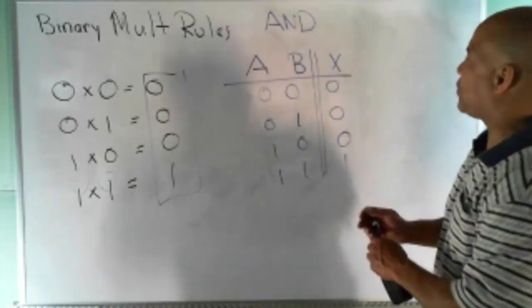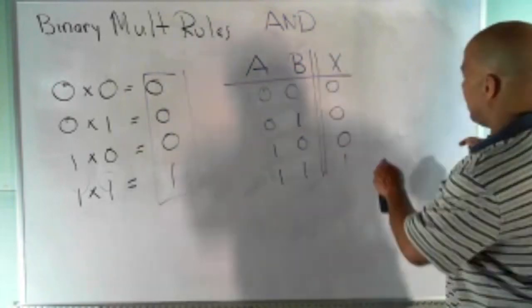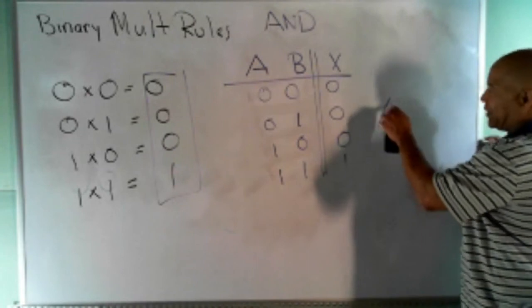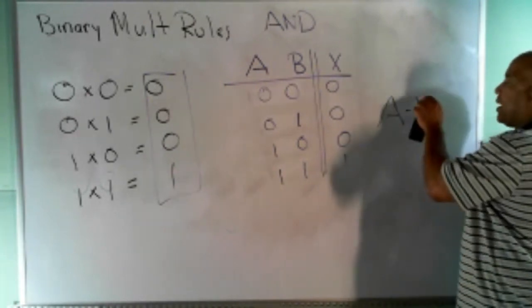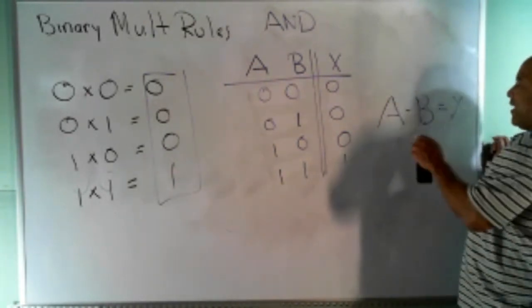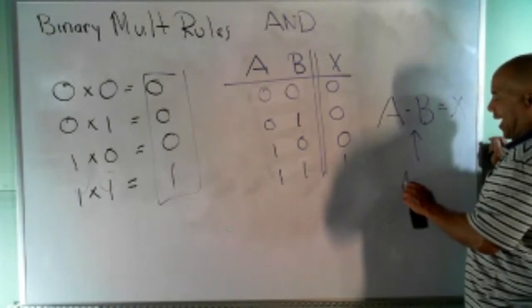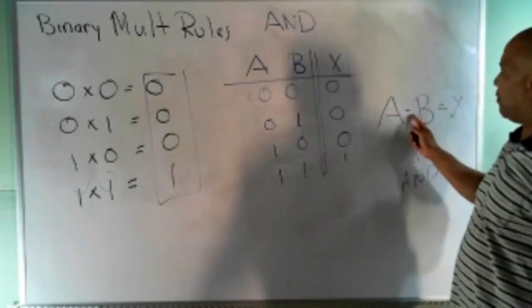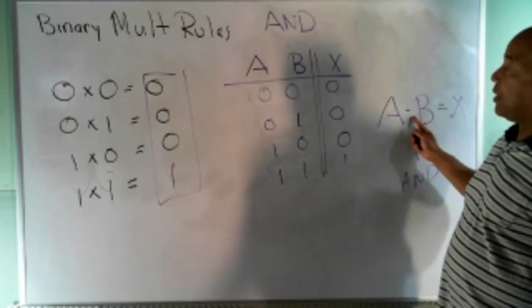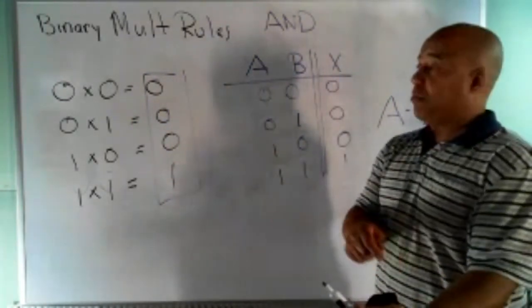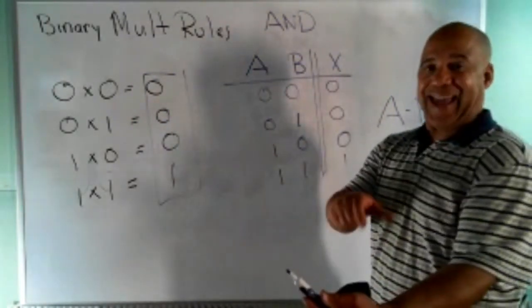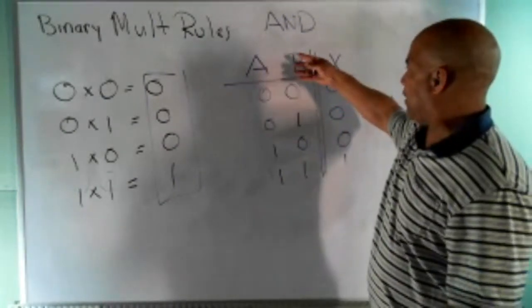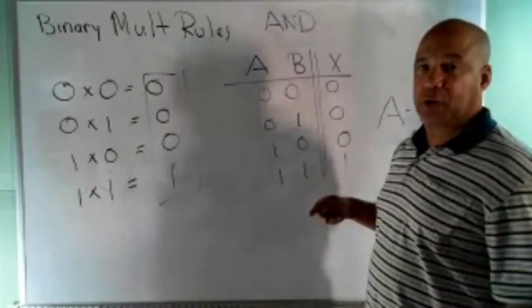So the actual way we show AND, we'll get to this in a couple of weeks, is like this: A dot B equals X. That means the AND function, and it's the AND function because it looks like multiplication. So on your digital device, when you multiply, there are really AND functions in there, and circuits that perform this logical AND to get to multiplication.